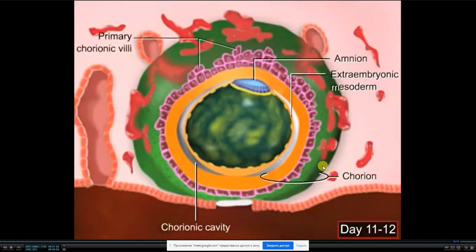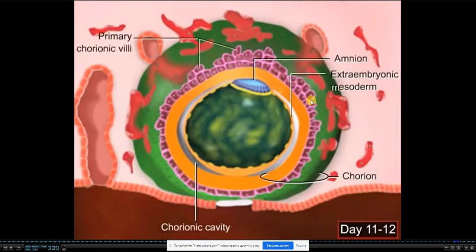I remind you, the green one is syncytial trophoblast, the purple, violet one is cytotrophoblast, and the yellow-orange one is named extraembryonic mesoderm. Together the three are named chorion, and this chorion is the fetal part of the placenta.